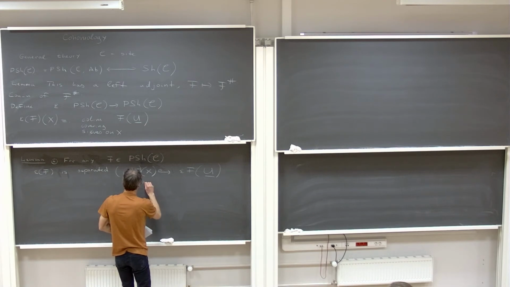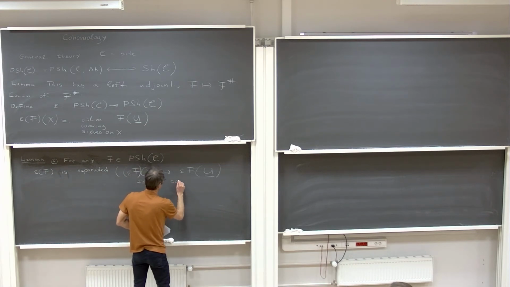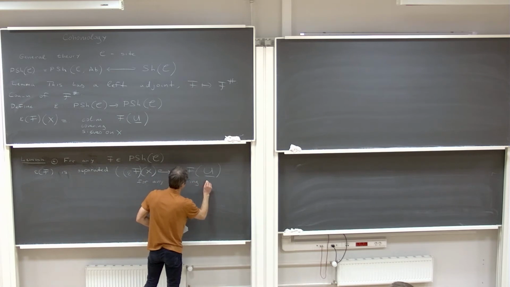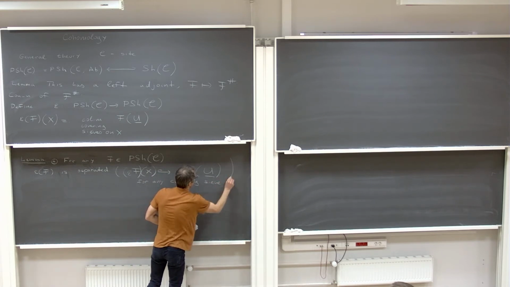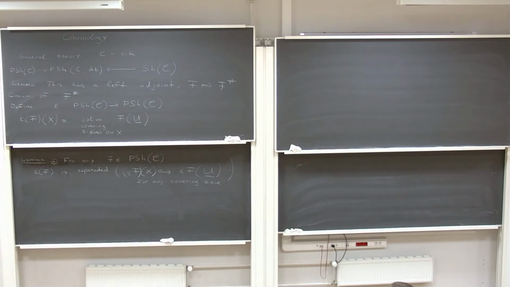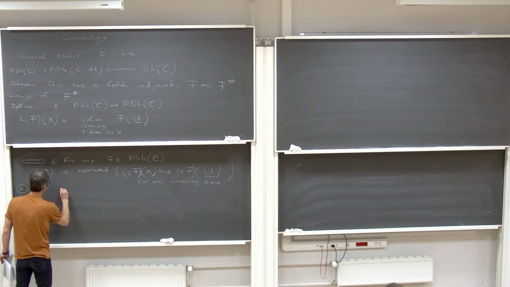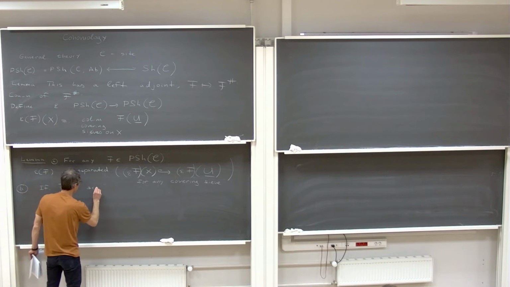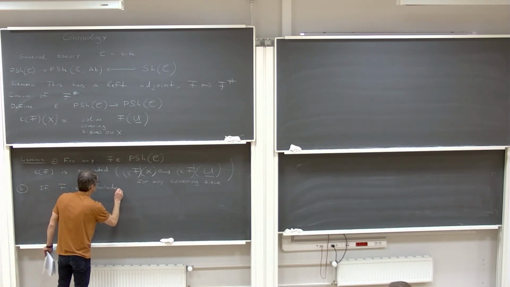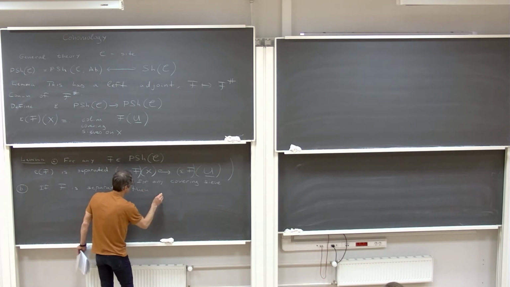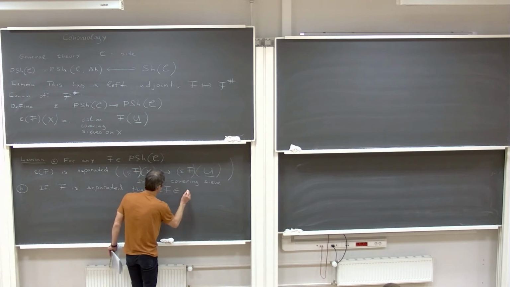And the second assertion is that if you apply this functor twice, if f is separated, then epsilon of f is a sheaf.